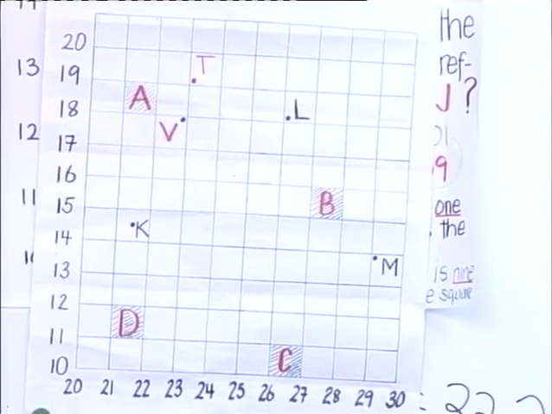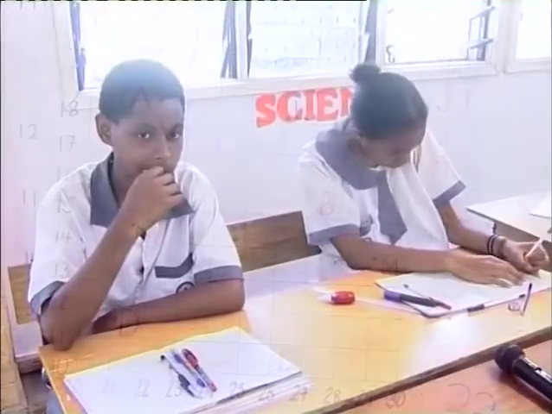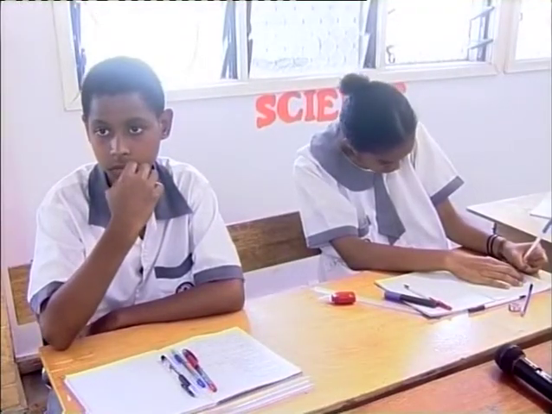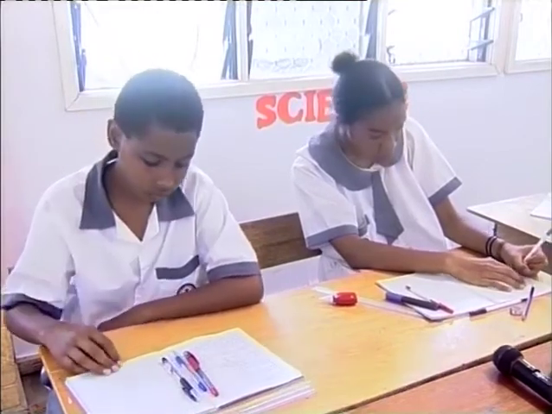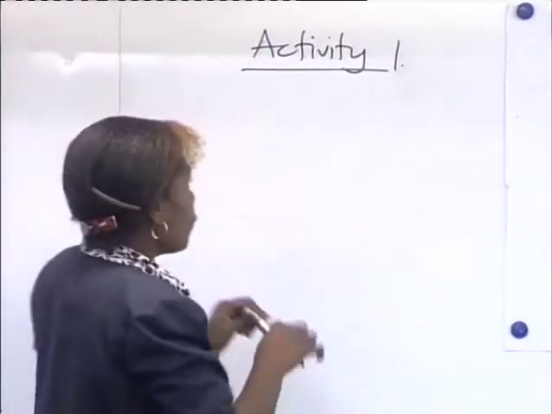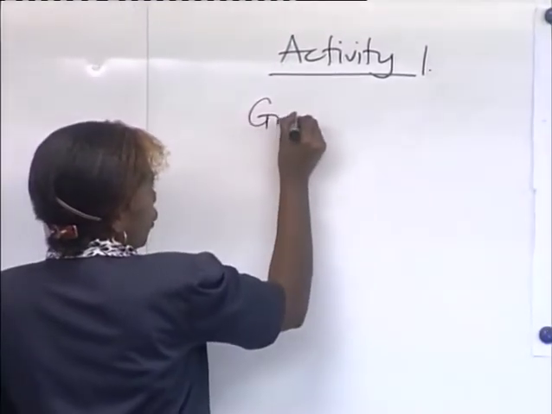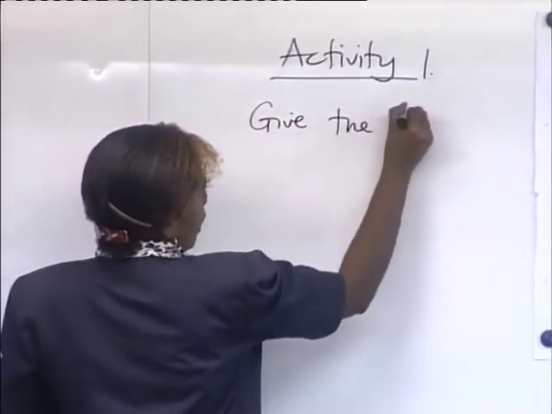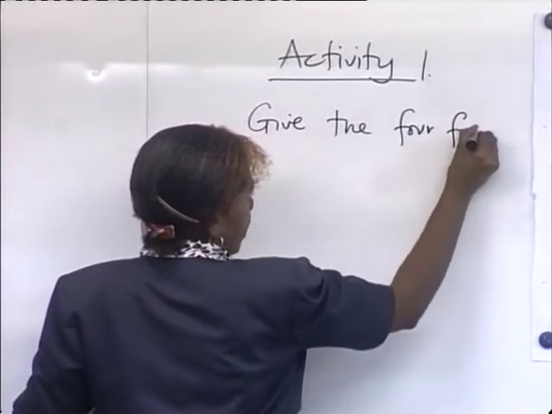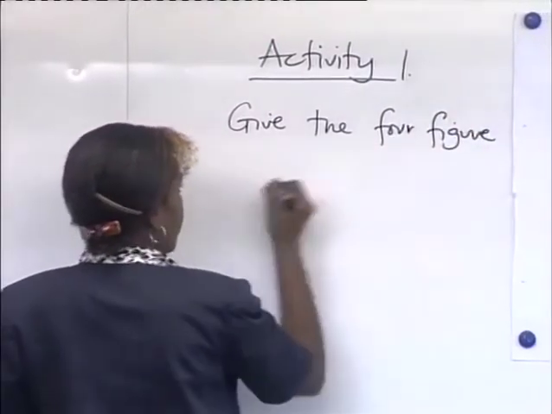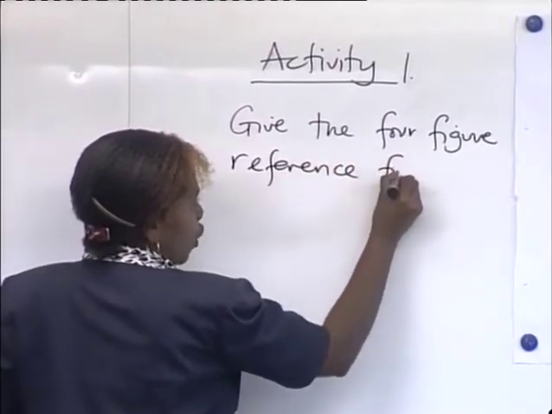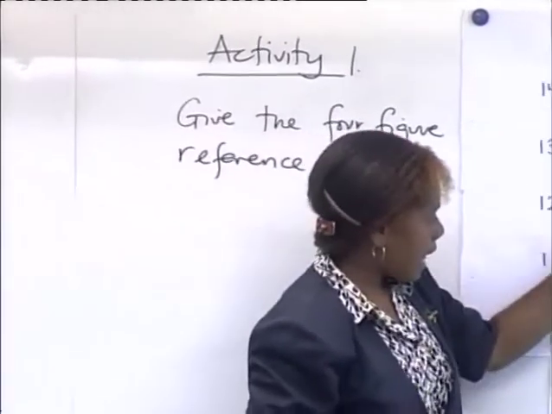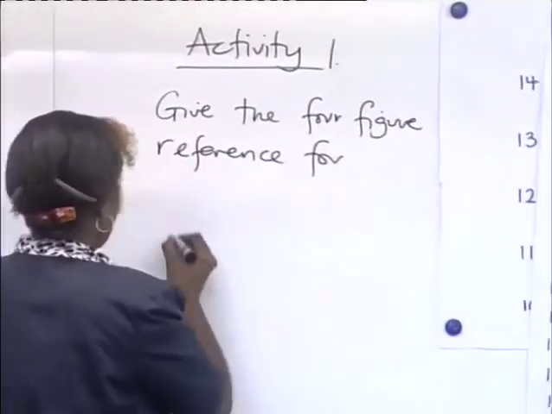8Cs and receiving students. All right, I want you to try this one out, please. Class activity 1, okay? First of all, you are going to give the four-figure reference for A, B, C, and D. All right?